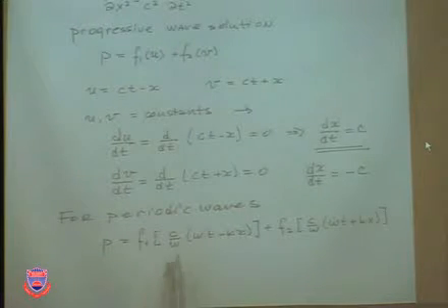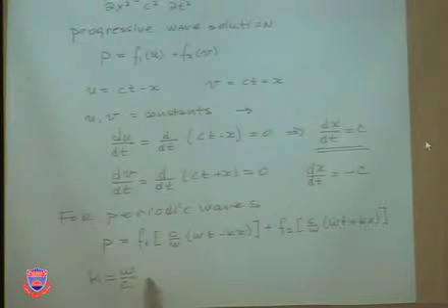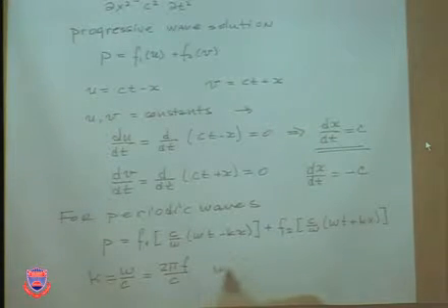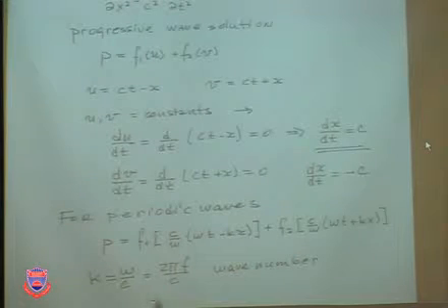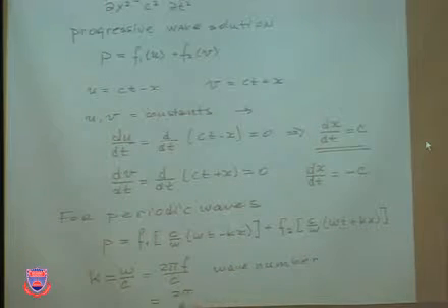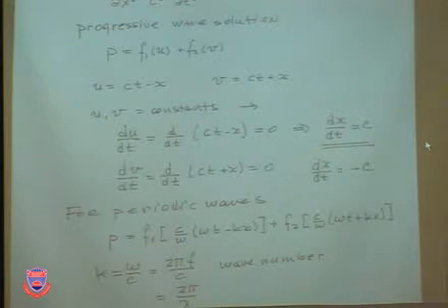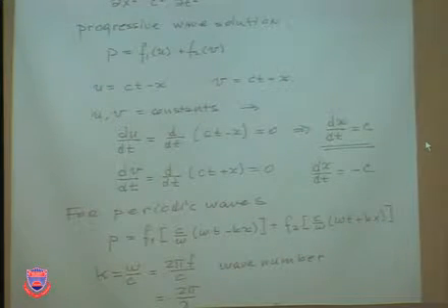What we have done is insert omega here, and k = omega over c. It's called, let me just express this, it's called the wave number. Okay, and lambda is the wavelength. F is the frequency.